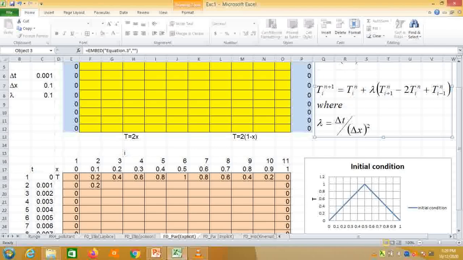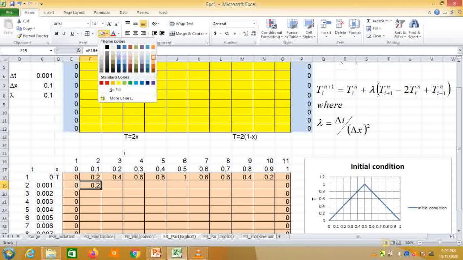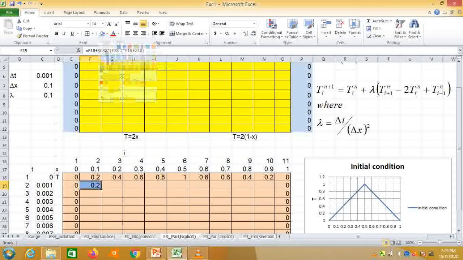For this specific node, i is 2 and n is 2. This equation would give you a result for T at the i-th node and at the n plus 1 time.